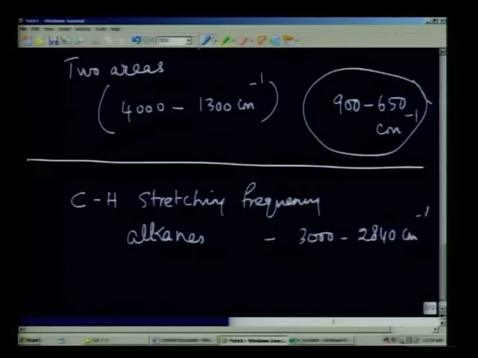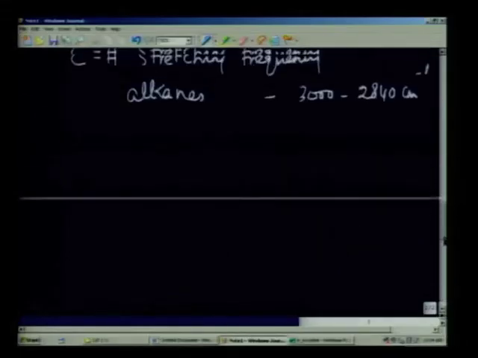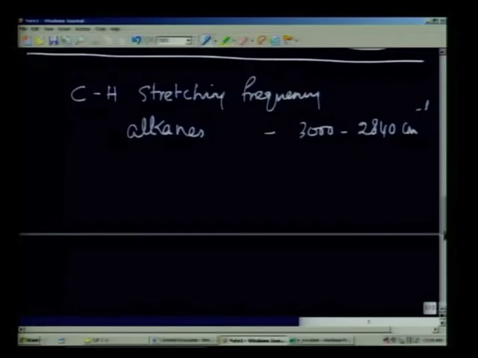These are observations based on millions and millions of molecules, and over a period of time spectra have been tabulated, and such tabulations are available for libraries and for chemistry laboratories. So here is the stretching frequency of alkanes in that range.